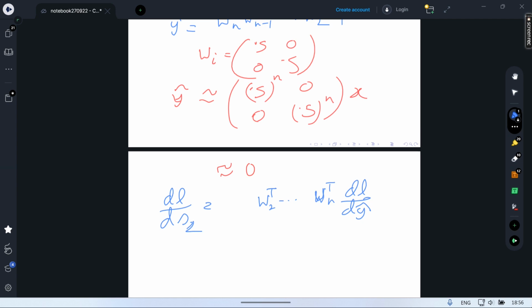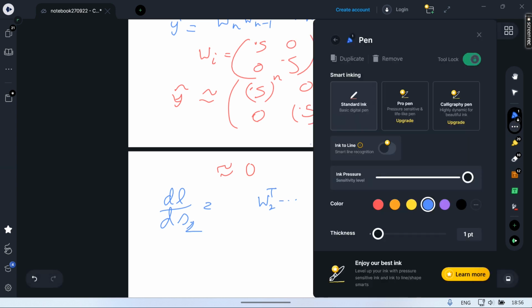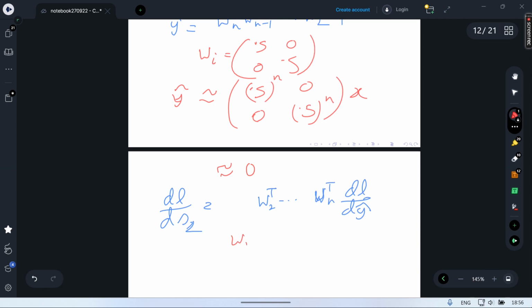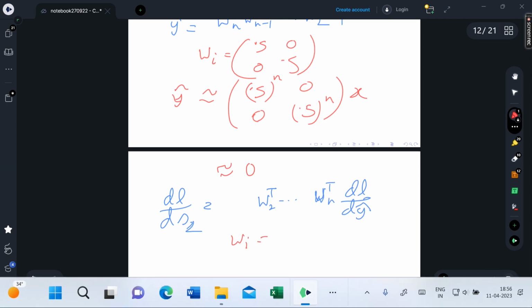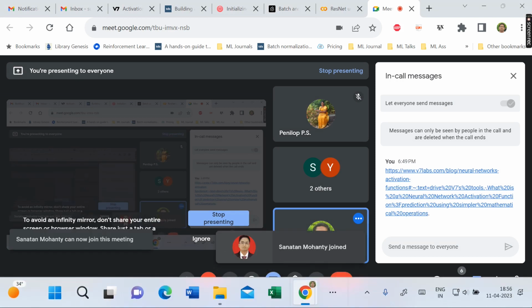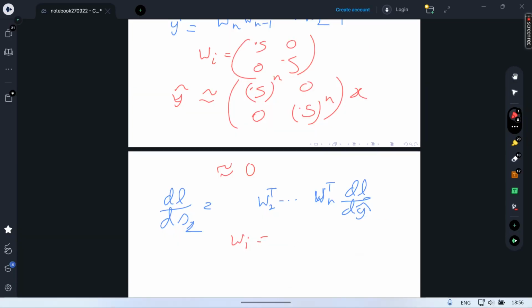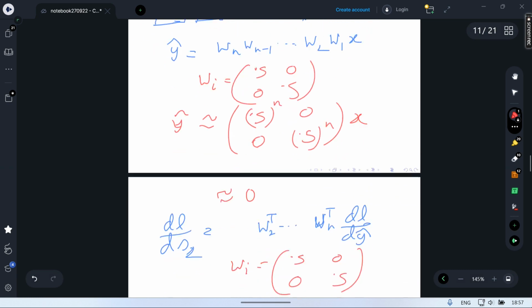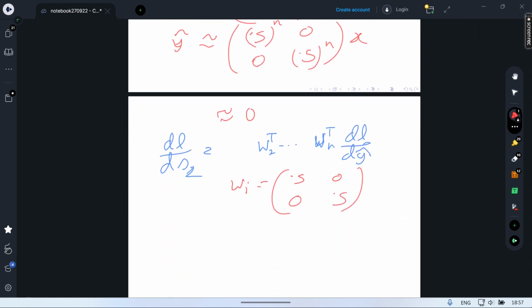Now again you can take the same example, say Wi's are close to 0.5.